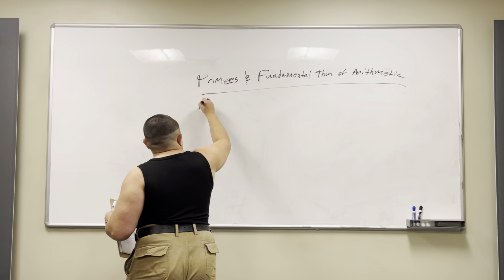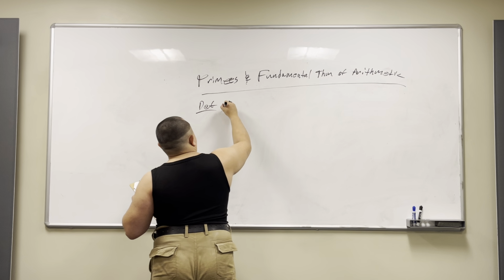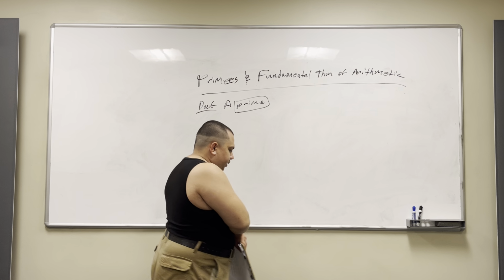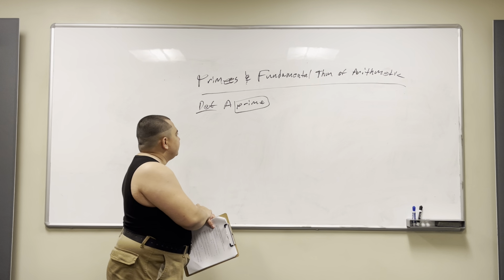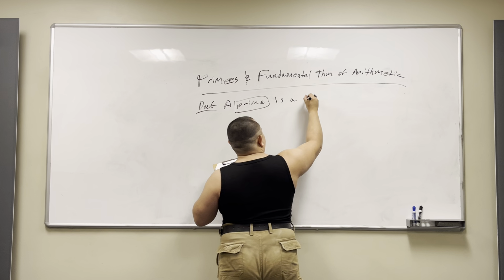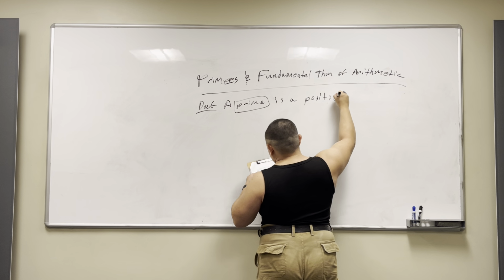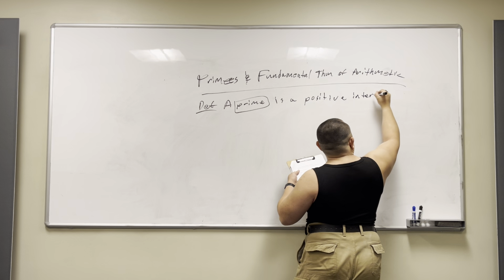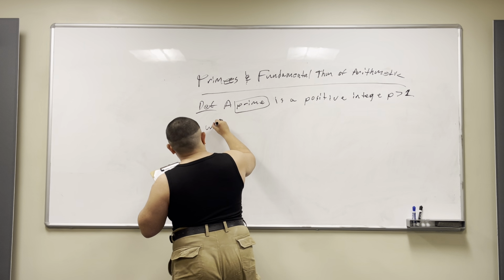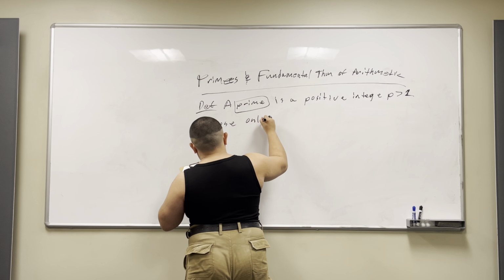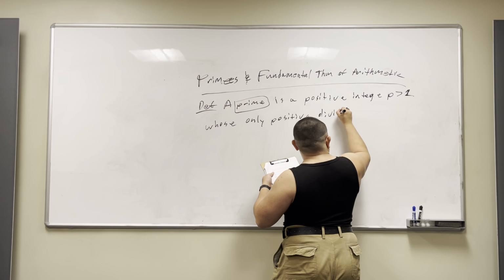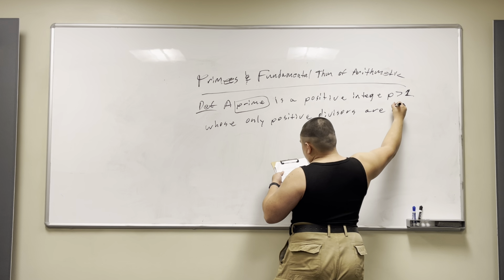Now, start with a definition. A prime, well, they're one of the great leaders of the Autobots, but in this case, a prime is a positive integer p greater than 1 whose only positive divisors are 1 and p.